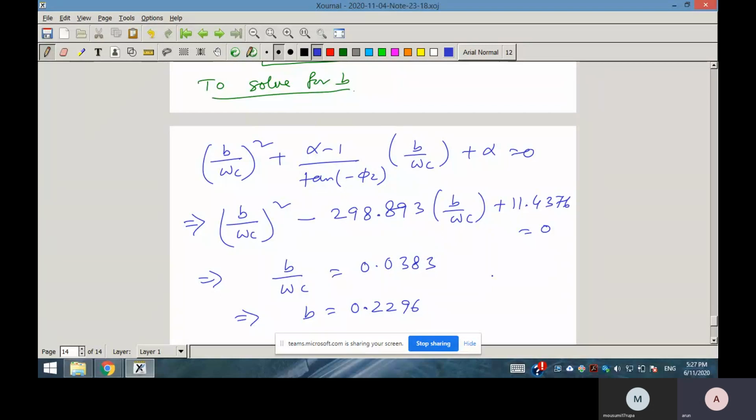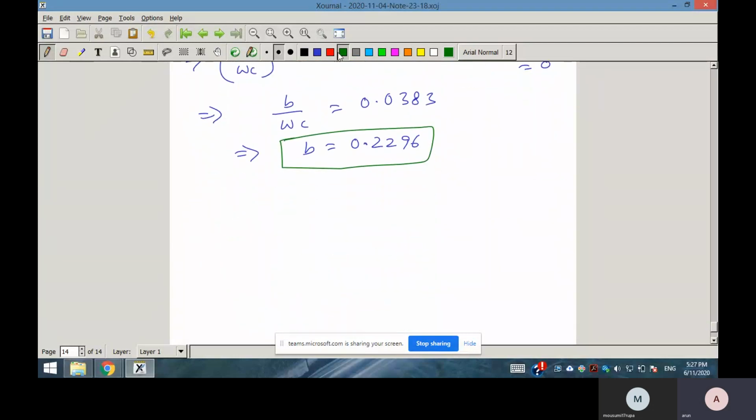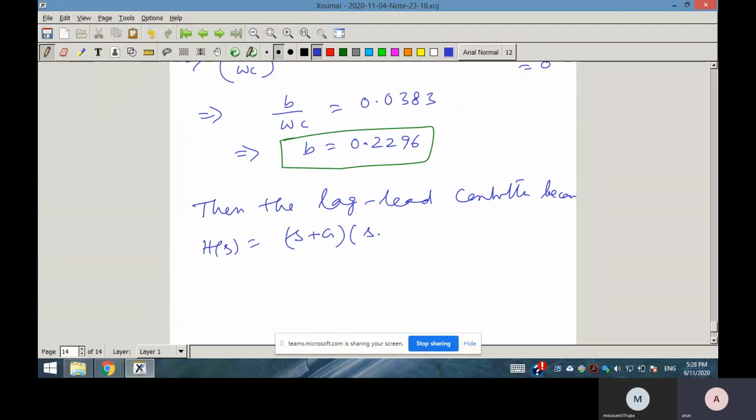Okay, so this is your B. And then ultimately the lag lead controller becomes H(s) equal to (s plus a)(s plus b) divided by (s plus alpha a)(s plus beta b).